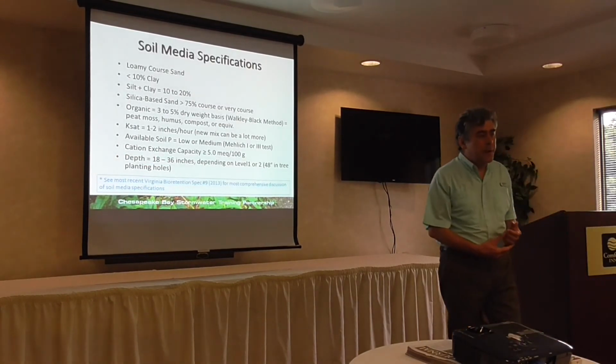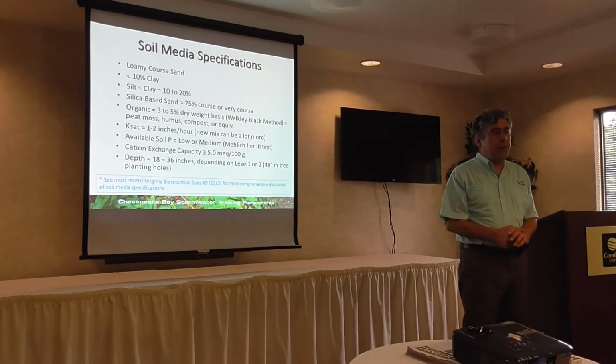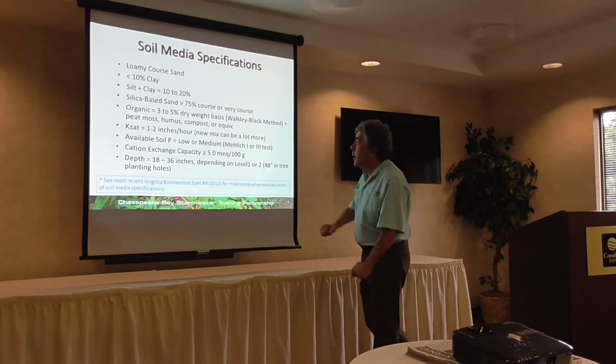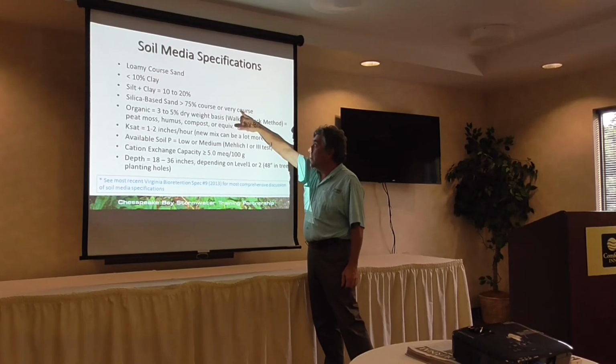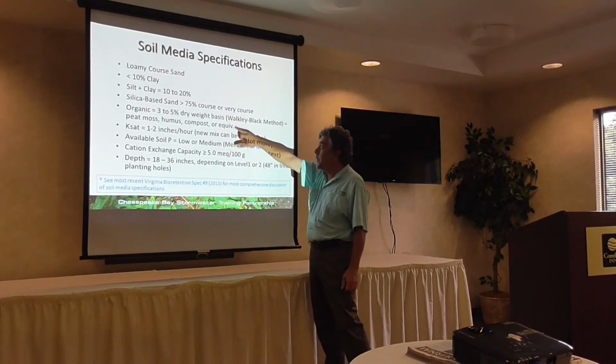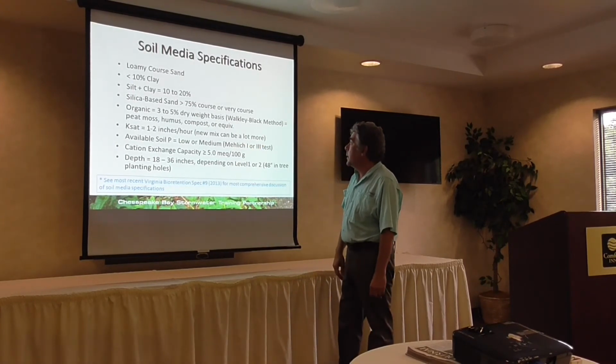So I won't go through the entire recipe. But it's a loamy coarse sand, no more than 75% coarse silica-based sand, just a small amount of organic on a dry weight basis.